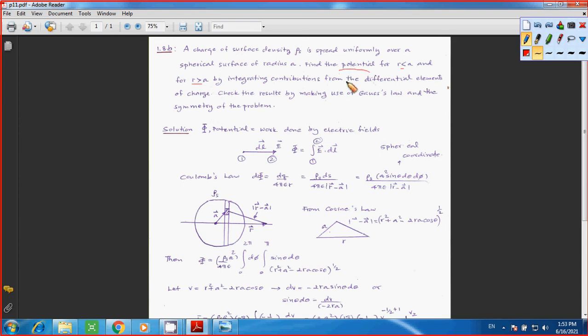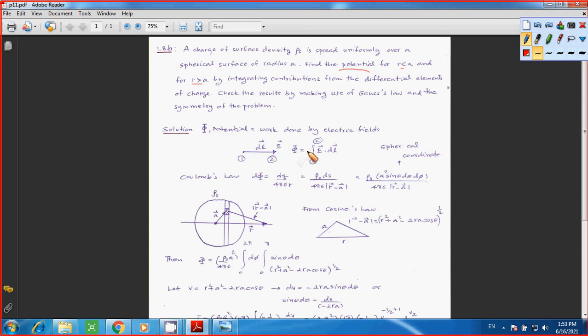Now we're going to work on potential. Let's get back to the definition of the potential, represented by phi. The potential is actually the work done by the electric field. You move one point charge, or one Coulomb charge, from point 1 to point 2. You can find the potential difference between point 1 and point 2, or the work done, that you need to apply to move the one Coulomb charge.